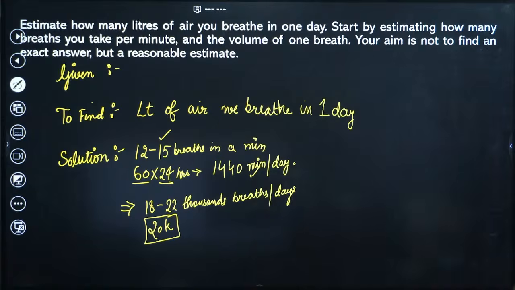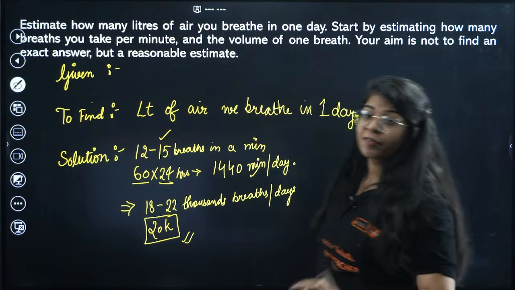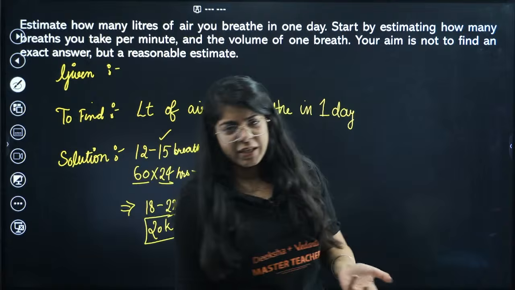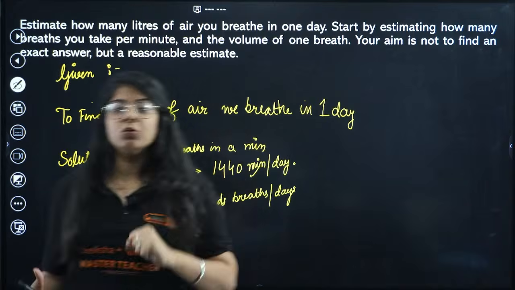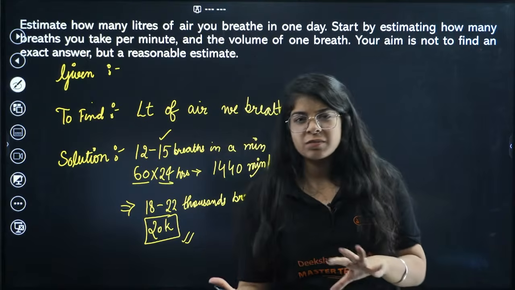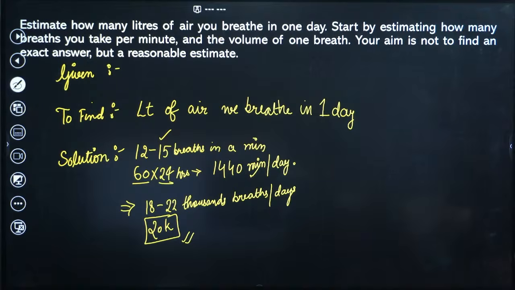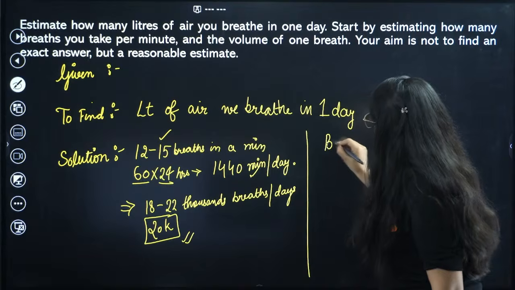Then how many liters of air do we breathe? If I calculate how many liters of air I breathe in one breath, then I will just multiply with 20,000 and I'll get the answer. But how will I do that? Let's imagine there is a balloon. You take at least 3 to 4 breaths to fill that whole balloon, depending on your own capacity.